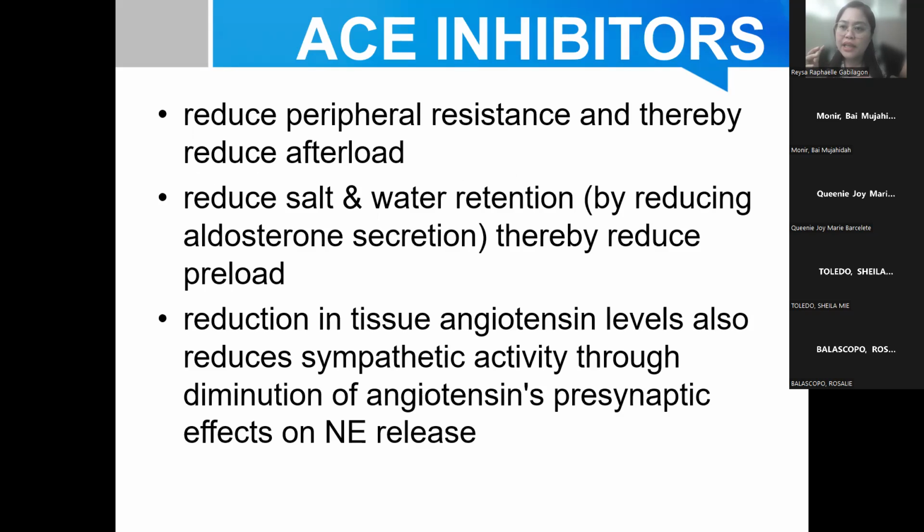We are going to inhibit the enzyme ACE for the angiotensin 1 not to be converted to angiotensin 2. Kasi pag meron ng angiotensin 2, it means it can bind to its receptor and can cause vasoconstriction, leading to increase in the blood pressure, and it can also increase the production of aldosterone, leading to water and salt retention.